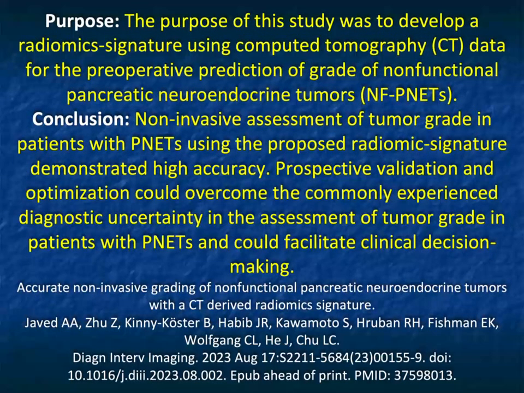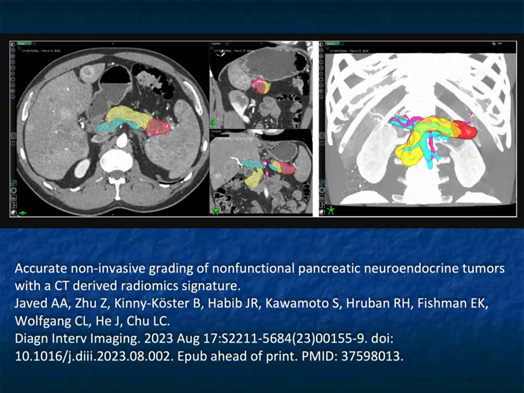In this article, looking at non-functioning pancreatic neuroendocrine tumors, non-invasive assessment of tumor grade in patients with neuroendocrine tumors using the proposed radiomic signature demonstrated high accuracy. So you can see we're doing pancreatic cancer, autoimmune pancreatitis, and neuroendocrine tumors, all things that tend to overlap when you're dealing with things.